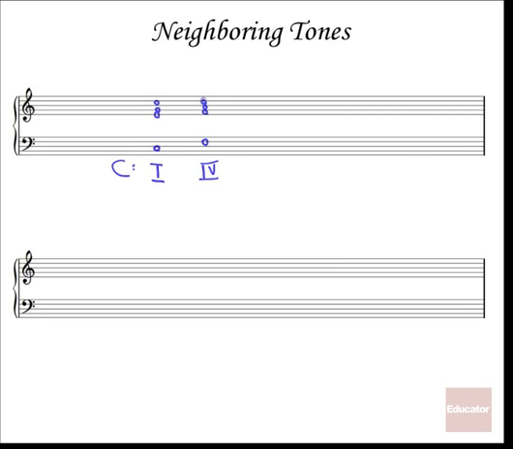And looking at the top voice, so it's staying on C, but if it was going to be ornamented by a neighboring tone, I could add a D and then going back down to the C by step. So a neighboring tone is one that leaves a note and comes back to the same note, either above or below. So this would be an upper neighbor.